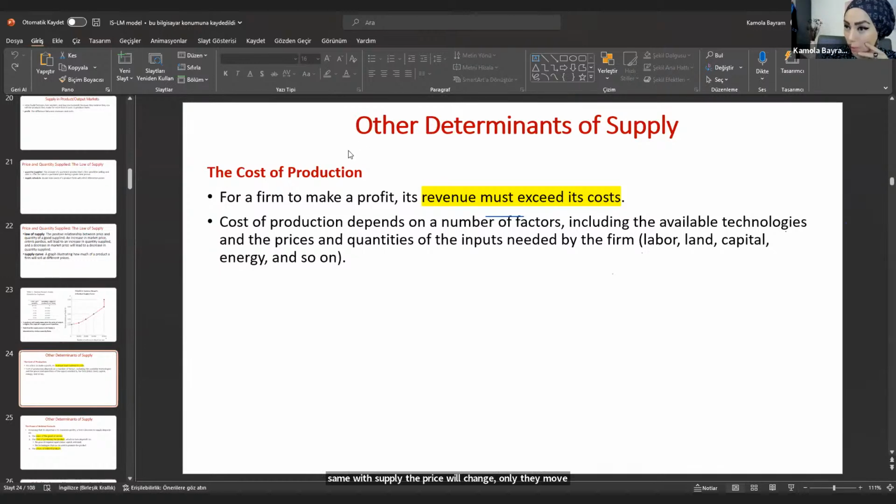So the cost of production, for firm to make a profit, its revenue must exceed its cost. It is like a rule of thumb. Cost of production depends on a number of factors, including the available technologies, number one, and the prices and quantities of the inputs needed by a firm, like labor, land, capital, energy, and so on.